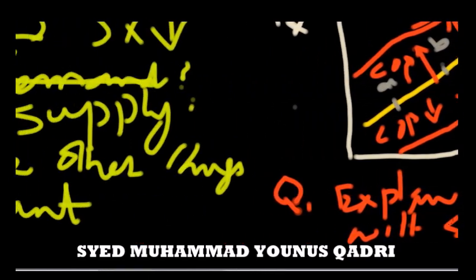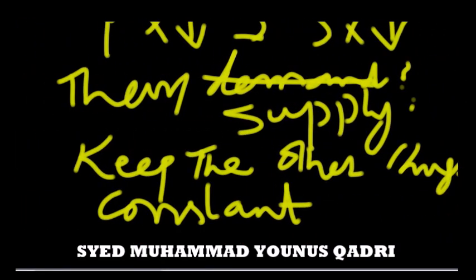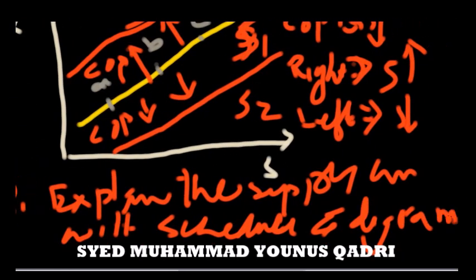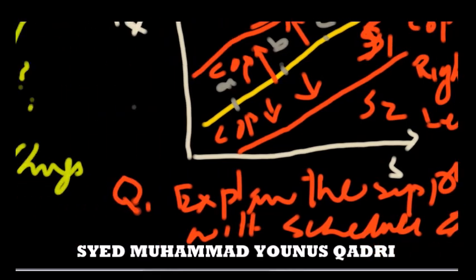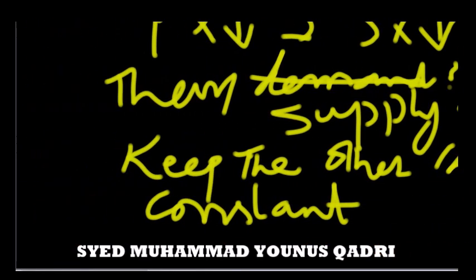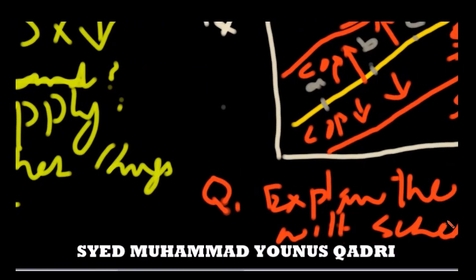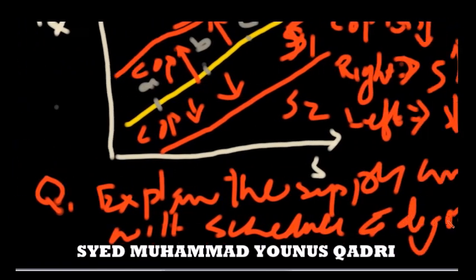That is the short question. In the long question: explain the supply curve with the help of schedule and diagram, and also the shifting of the supply curve. What factors shift the supply curve? A very straightforward question will come.